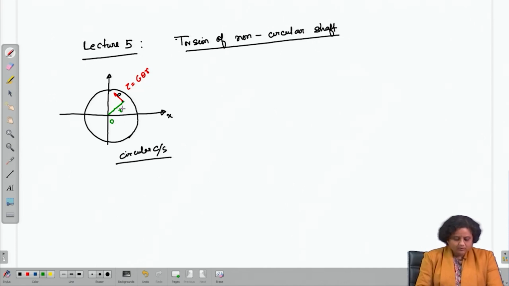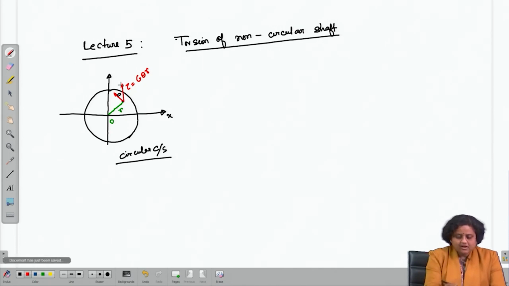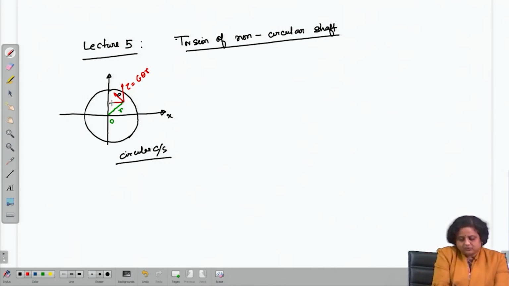Now, what we have done is that we have resolved the stress into two components in the Cartesian coordinate, two perpendicular components. One was tau xz and the other was tau yz.